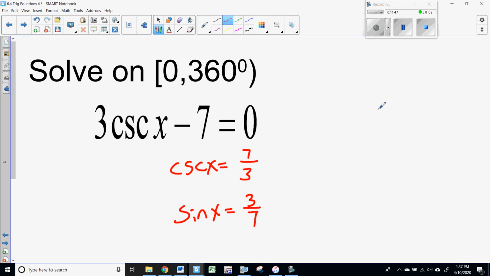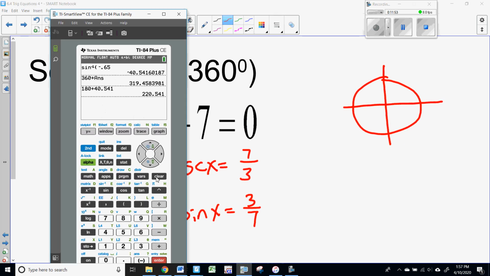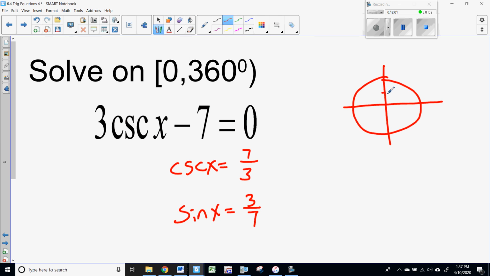So now in terms of drawing my picture, if we don't know, let's figure it out. 3/7 is 0.42, so that's about, let's say right there. So we have our two answers here and here.